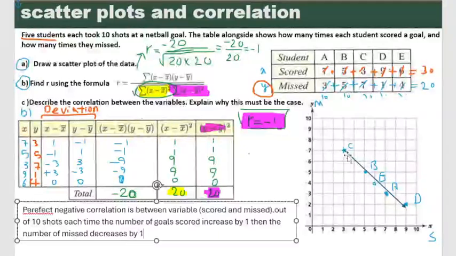Because I say they have a strong linear relationship together and it is negative. So if x increases, which is scored as I said here, then the missed will decrease.